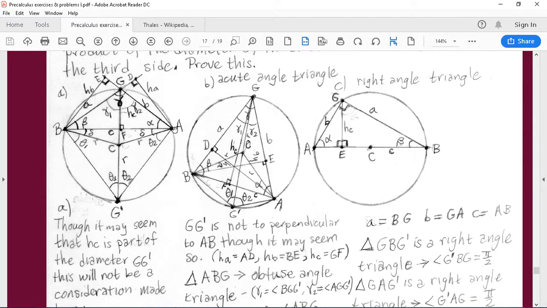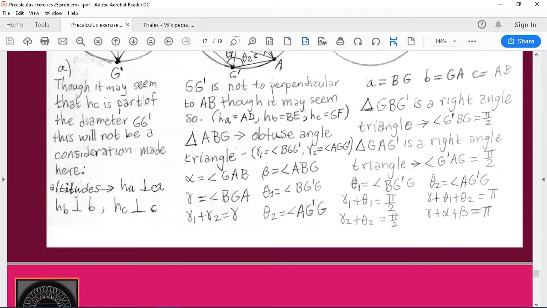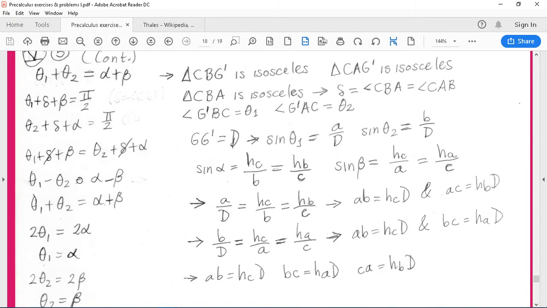And we also have that angle ABC equals angle BCA, and we denote those by delta. So we have that beta plus delta plus theta 1 equals alpha plus delta plus theta 2. The deltas cancel out, and we have that beta minus alpha equals theta 2 minus theta 1, or theta 1 minus theta 2 equals alpha minus beta.